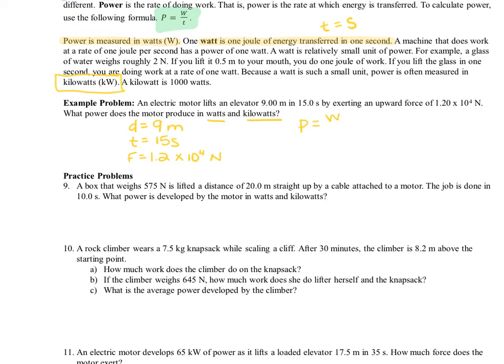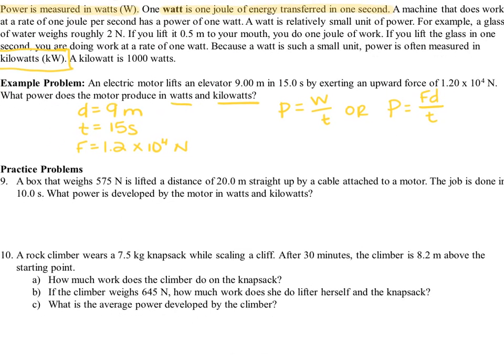So our power equation is work divided by time. In this problem, we're going to have to calculate work first and then find power, or we can plug in the work equation for the W. So force times distance divided by time. And that'll save us one step. So I plug in what I know, 1.2 times 10 to the 4th times 9 divided by 15, which is 7,200 watts.